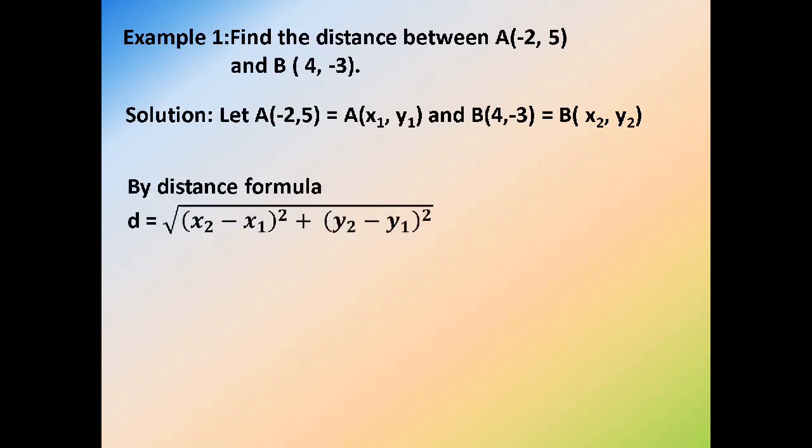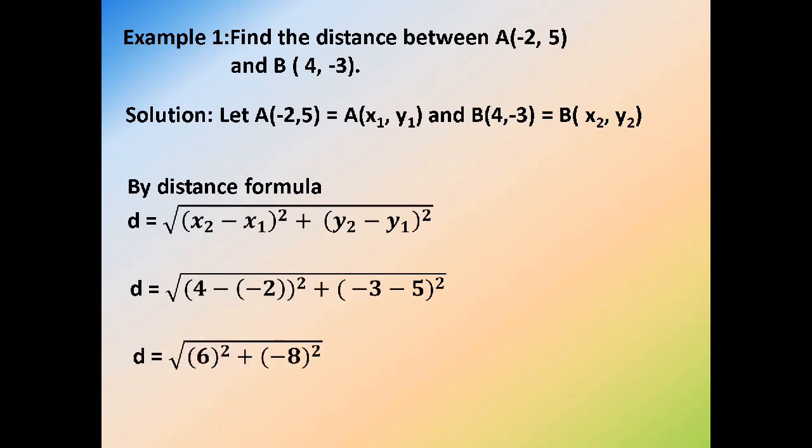Applying the distance formula, we're just going to substitute the values from the given. So we have d is equal to the square root of x sub 2, which is 4, minus x sub 1, which is negative 2, squared, plus the square of the difference of y sub 2, which is negative 3, and y sub 1, which is 5.